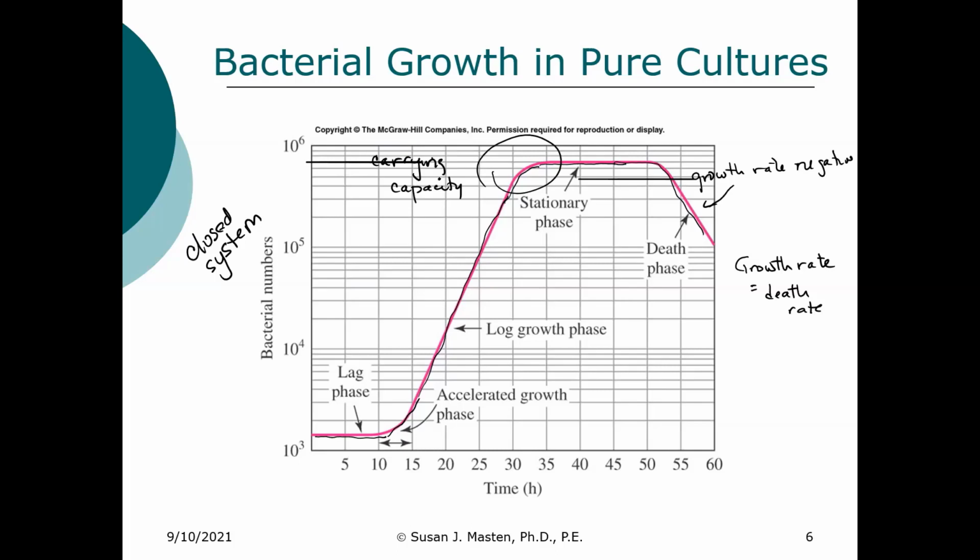There's limited resources. So our nutrients become limiting. Toxic byproducts build up.